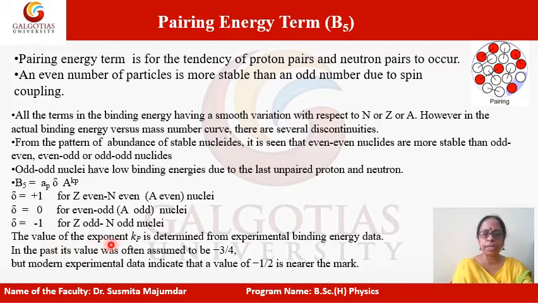The value of the exponent Kp is determined from the experimental binding energy data. In the past, its value was often assumed to be -3/4, but modern experimental data indicate that a value of -1/2 is nearer the mark.